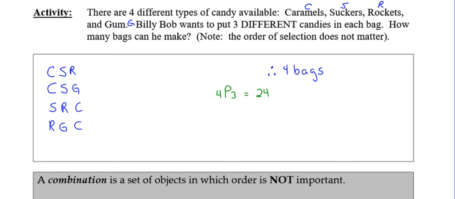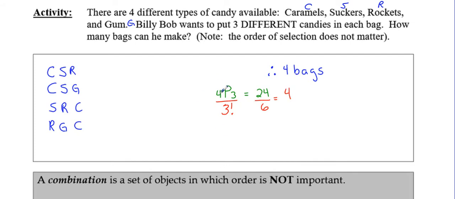So if you started that way, what you would have to consider is that for each of these clusters, there were 6 factors, which is 3 factorial ways that the bags could have been the same. And that's where the 4 comes from.